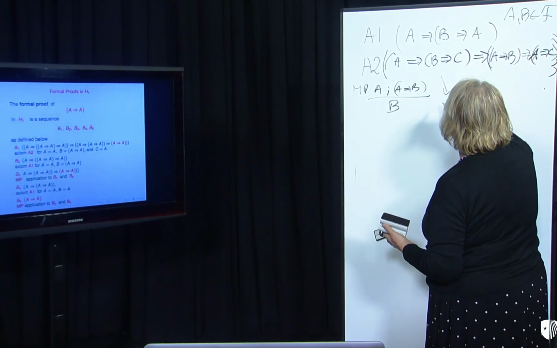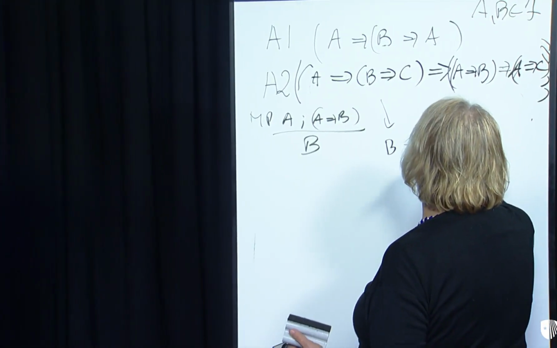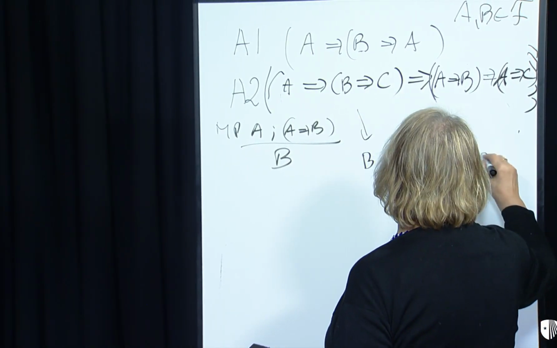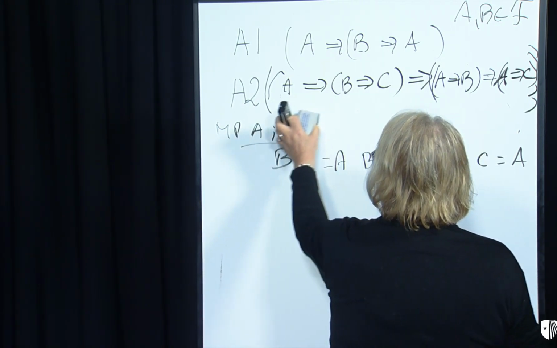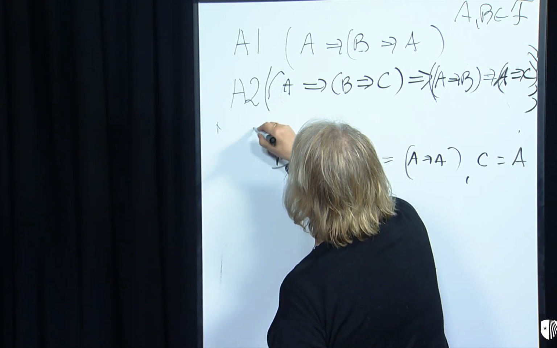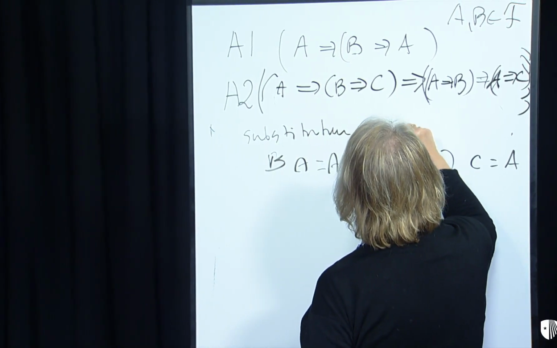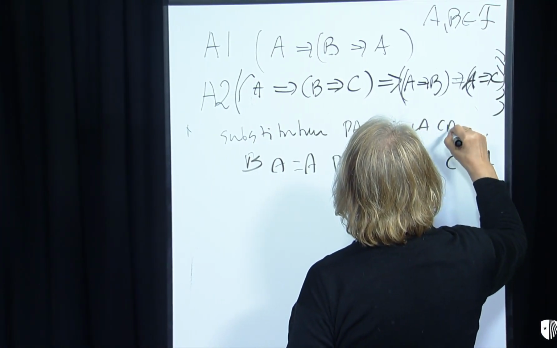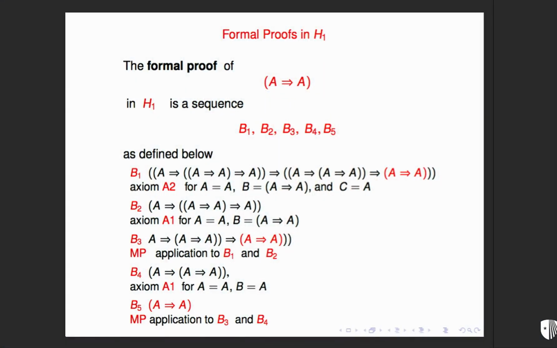Here we take this B, we take a formula A implies A, and this C in the axiom, I take A, and I take A being A, and so this is called a substitution of a particular case of that axiom as B1 of the proof. All right, so that we already know.